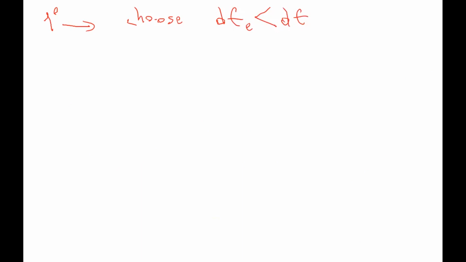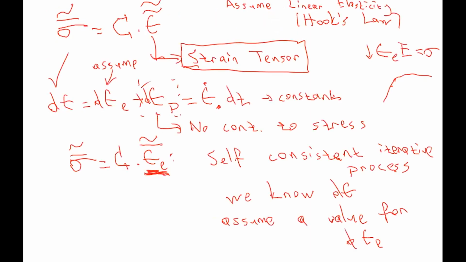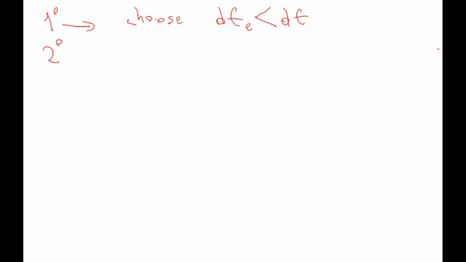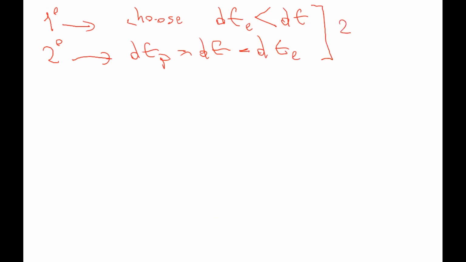Then the second, from this formula, we can get the plastic strain derivative. The epsilon plastic can be calculated through the total strain, which is known, then the epsilon that we assumed. So we have two conditions.